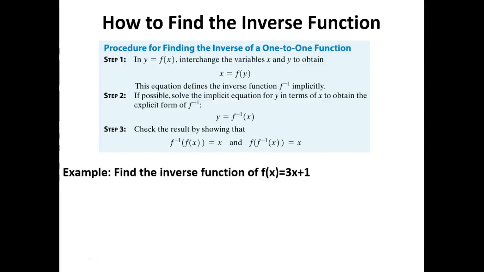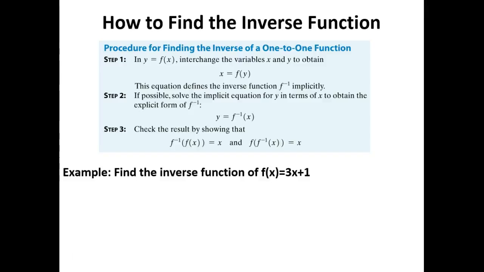How do we actually find the inverse of a function? If I wanted to go about figuring out what it is, we would interchange. So first, instead of using f of x, we use y equals, and then we interchange the x and the y. If possible, we solve for y in terms of x, and then check the result.